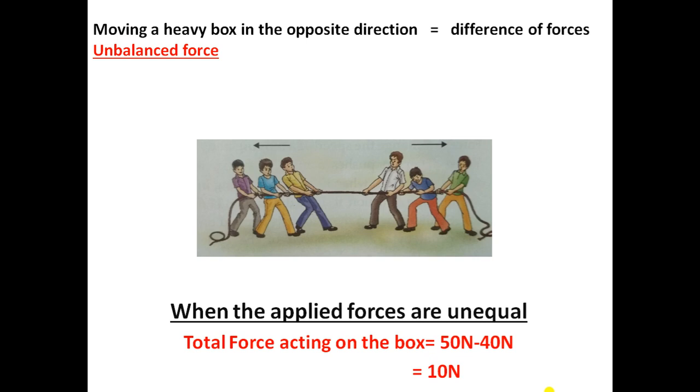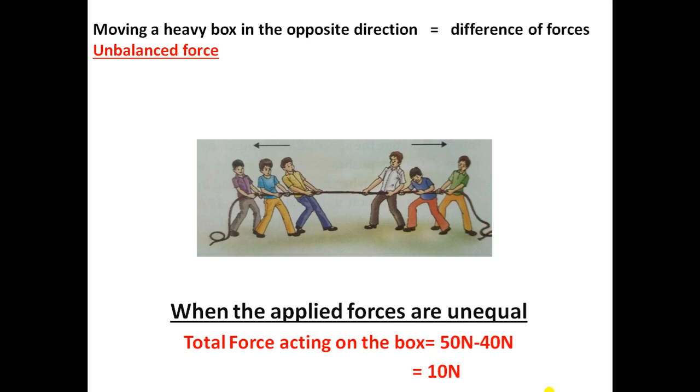So how can we calculate when moving a heavy box in the opposite direction? We calculate it with the help of the difference of forces. So we have 50 Newton minus 40 Newton, and how much do we get? 10 Newton.